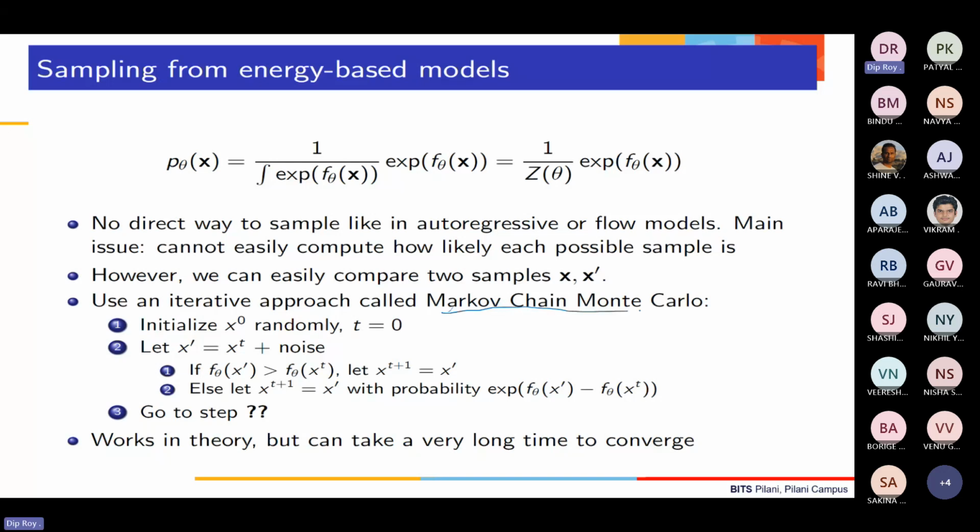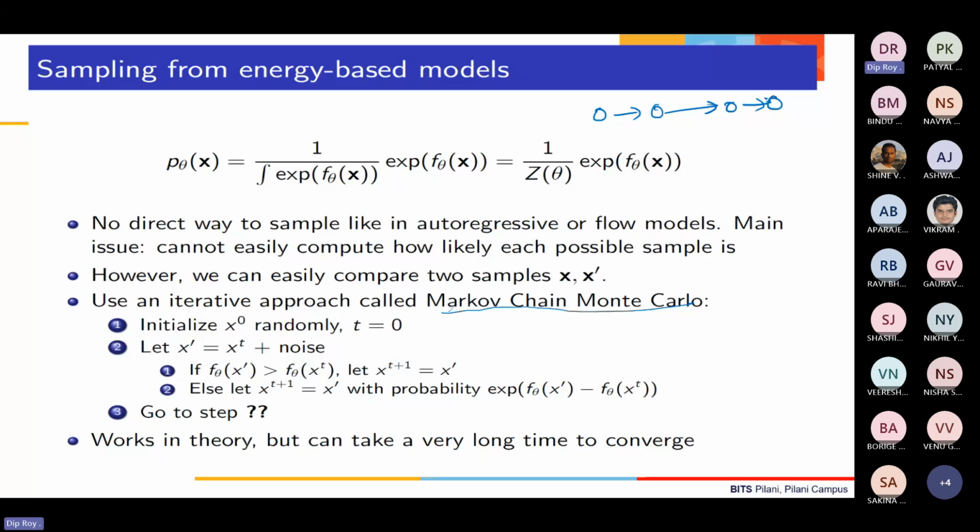Now, in Markov chain Monte Carlo, I'll show you the exact flavor. This is a very primitive form. You initialize your x theta randomly at t equal to 0. So essentially you start with any state, and you are going from one state to another.